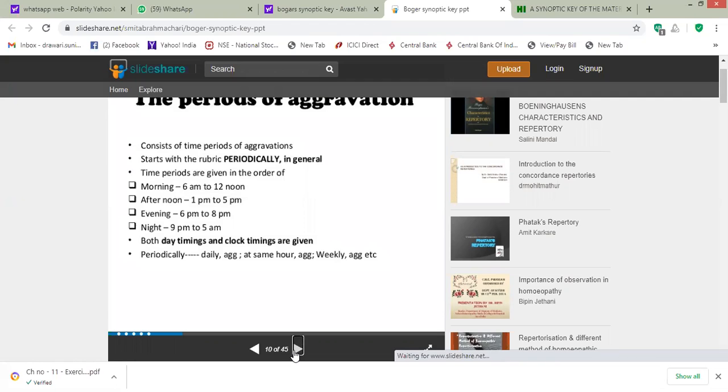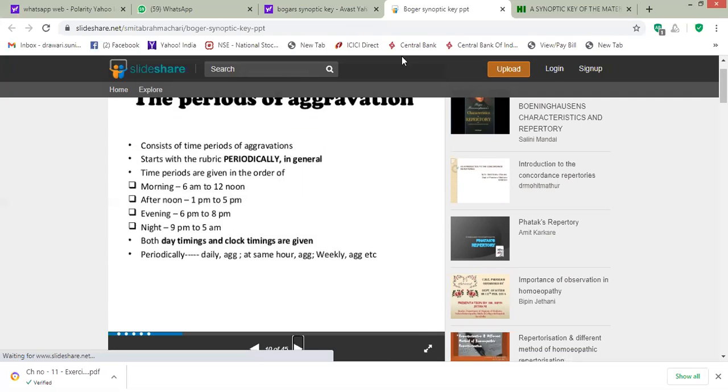The periods of aggravation start with the rubric periodically in general. Time periods are given in the order of morning 6 am to 12 noon, then afternoon 1 pm to 5 pm, then evening 6 pm to 8 pm, then night, that is 9 pm to 5 am.